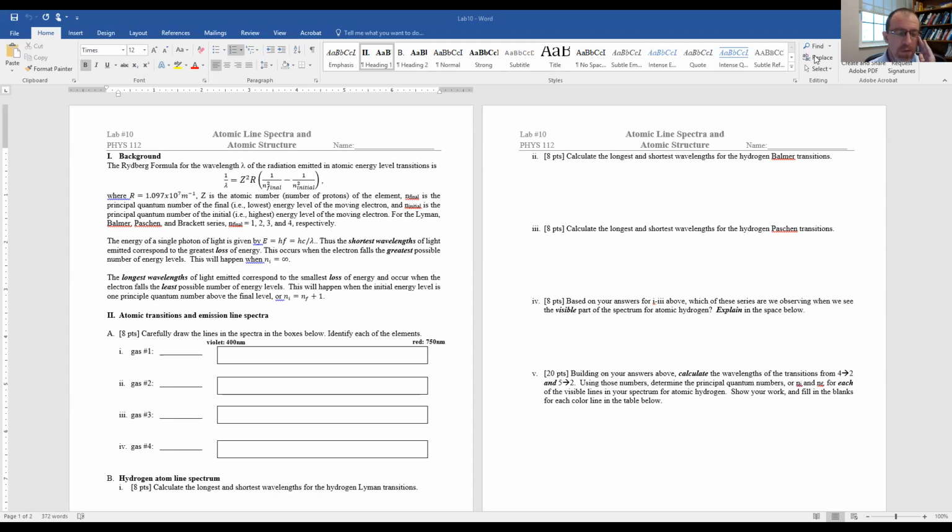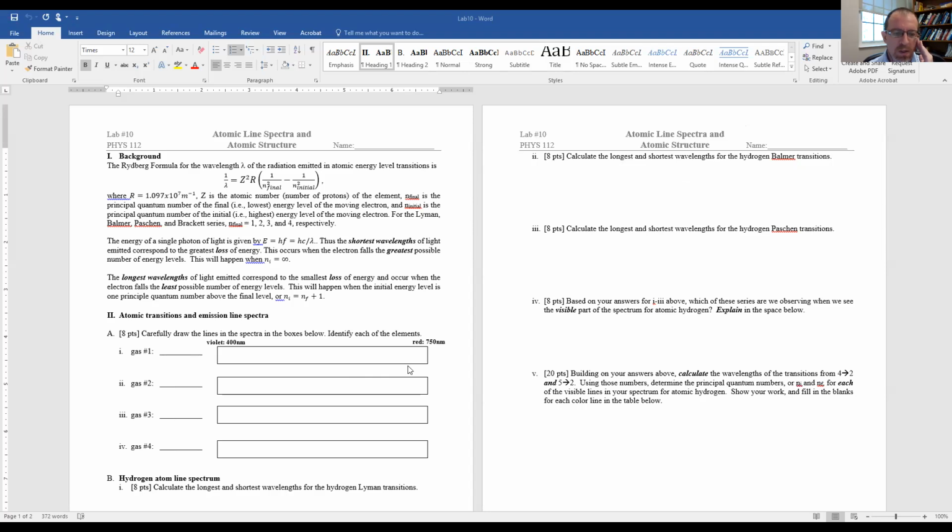It's based on the Bohr model of the atom, and so what you'll be doing is looking at a couple of different pictures of different gases. I've got hydrogen, helium, neon, and mercury, I believe, that I've got pictures of. I'm looking at those gases through a diffraction grating.